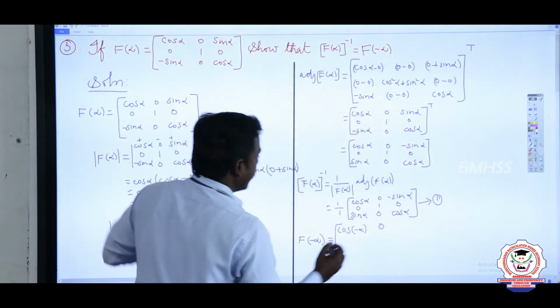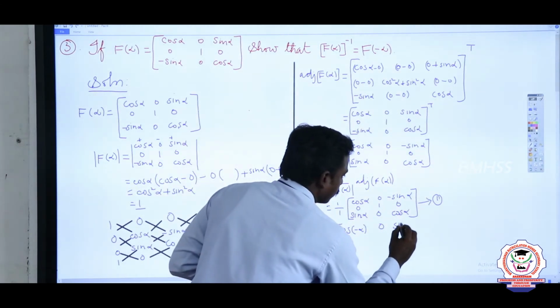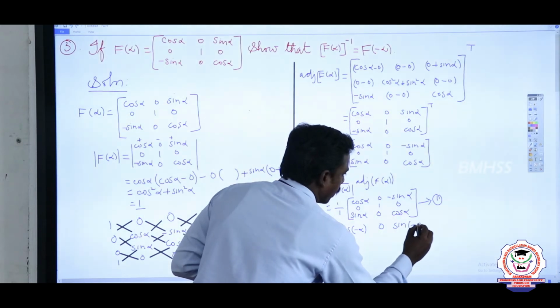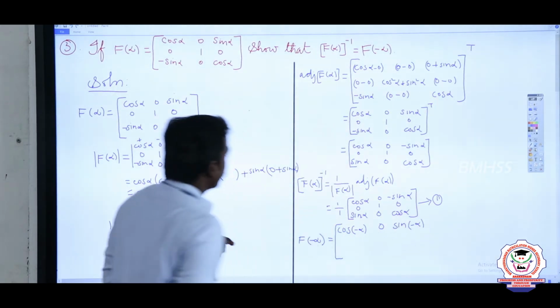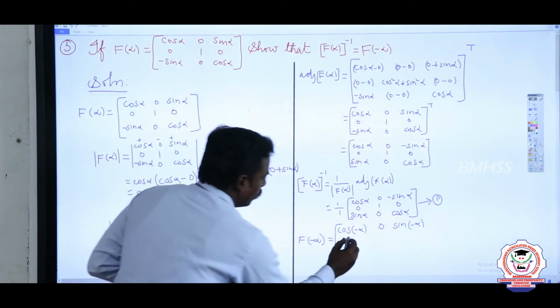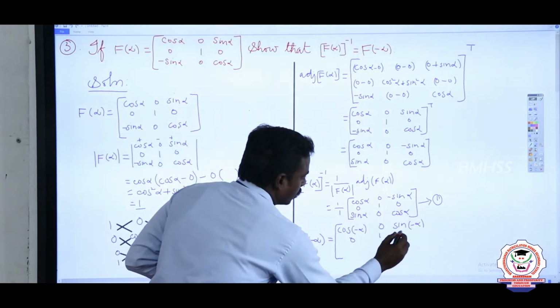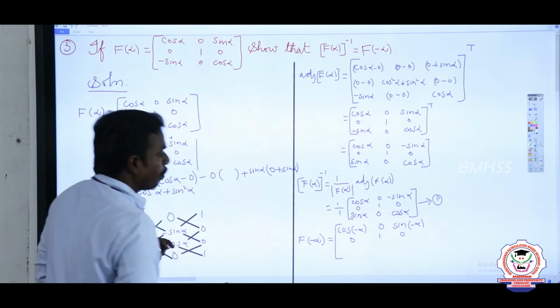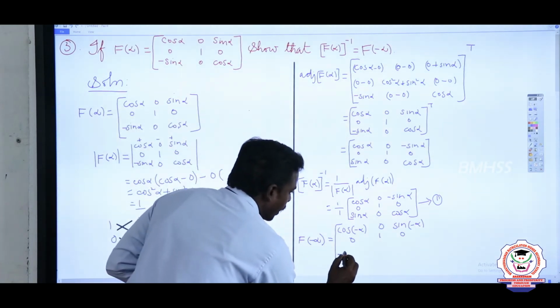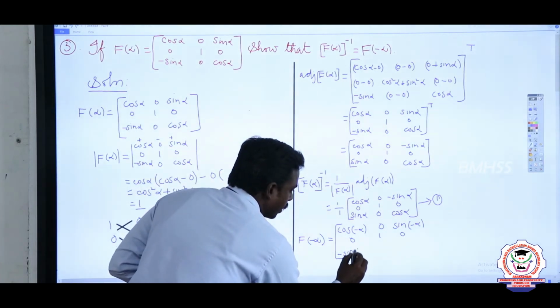Listen, so sin is there, so sin minus alpha. We need to change only alpha values as minus alpha. So 0, 1, 0. From the third row, minus sin alpha is there, so minus sin into minus alpha.